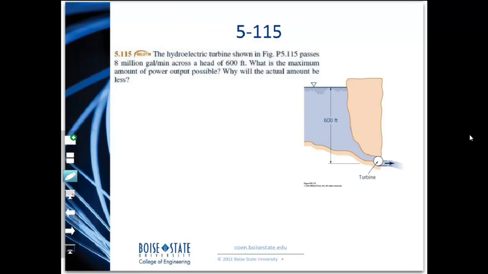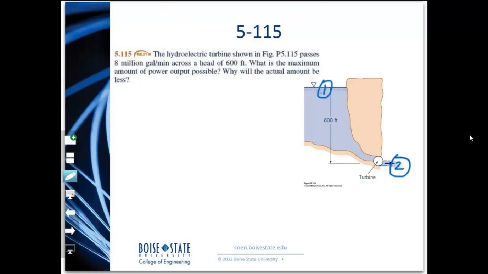Again, if you remember, when we solved these types of problems, when we did Bernoulli problems, in this case we can't do that, because there are some losses here. We identify some points in the flow field. So let me identify 1 and 2, and let's write the energy equation between 1 and 2, and then try to compute what we are asked in the problem.